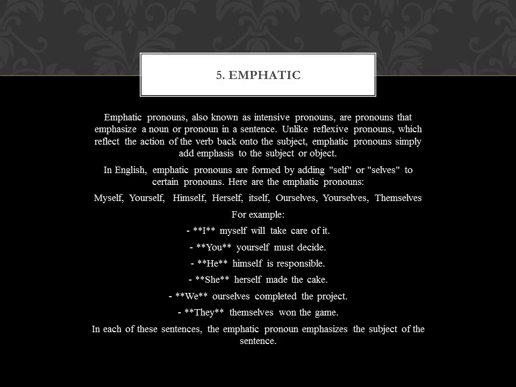So myself here is emphasizing I. You yourself must decide. Yourself is emphasizing you. He himself is responsible. Himself is emphasizing he. Then we have, she herself made the cake. So herself is emphasizing she.